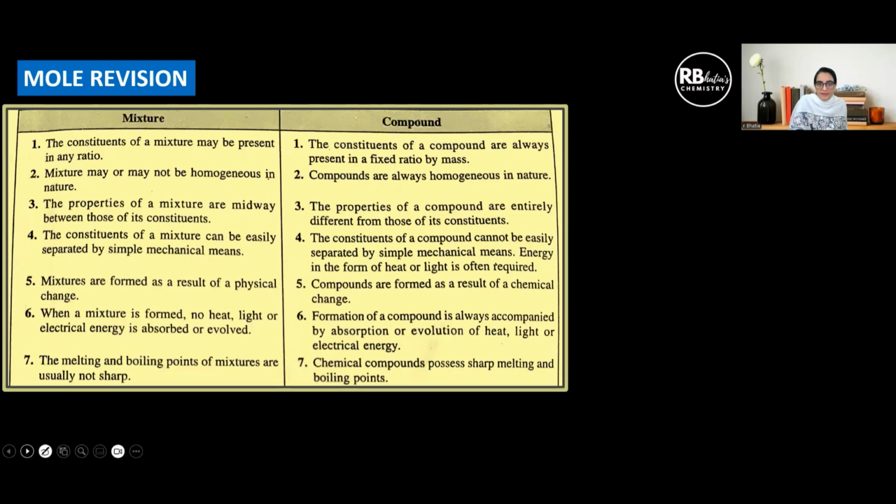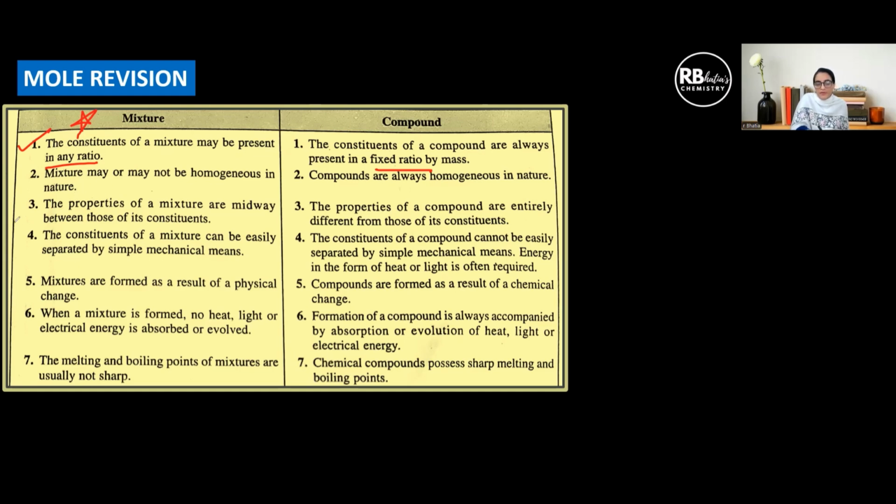Then here I have given points if they ask you to differentiate between a mixture and a compound. This is a very, very important question. Give differences between a mixture and a compound. So, four important points you can memorize. Let us say you can memorize the first one, that is constituents in any proportion, here by fixed proportion by mass.